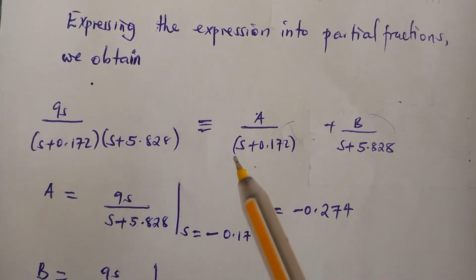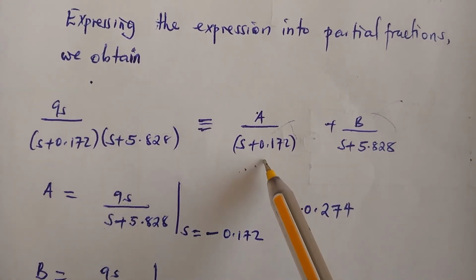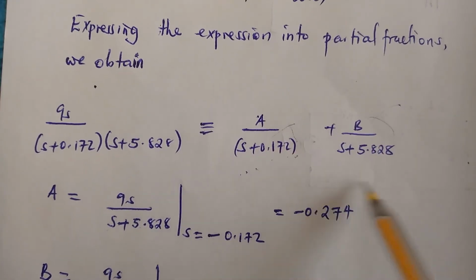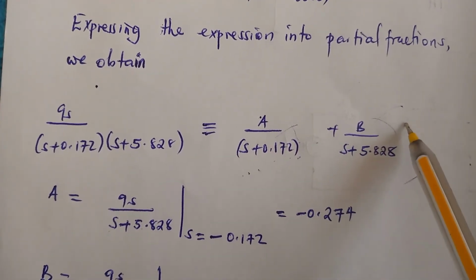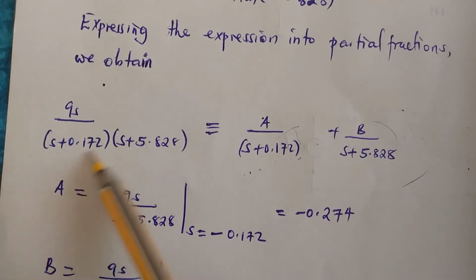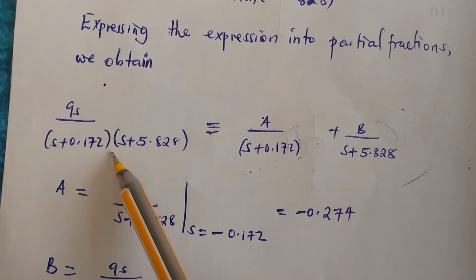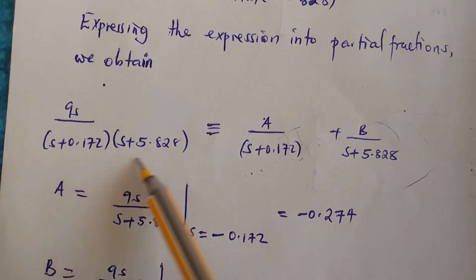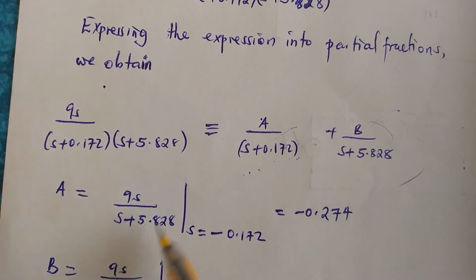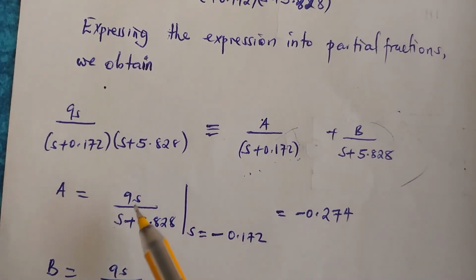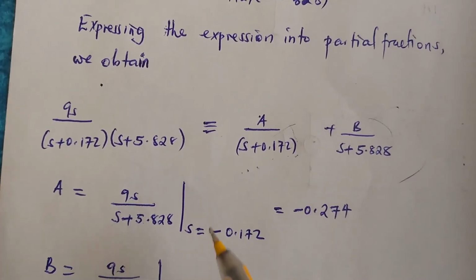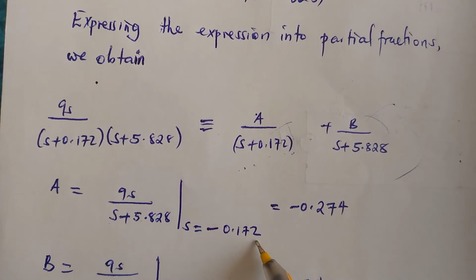Now if we substitute s as negative 0.172, it will give us a 0 here because it will phase out. Similarly, when we multiply this side, the expression in the denominator will phase out and remain with only this one. That's why I have this equation. So the constant A will be equal to 9s over s plus 5.828 at a value of s equals negative 0.172.